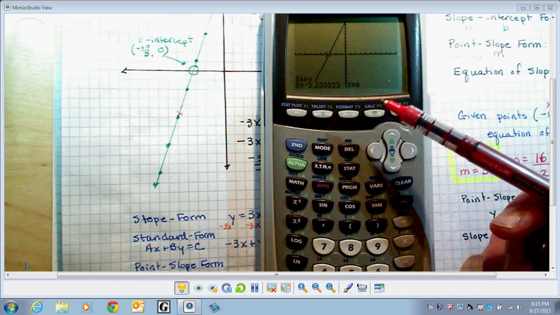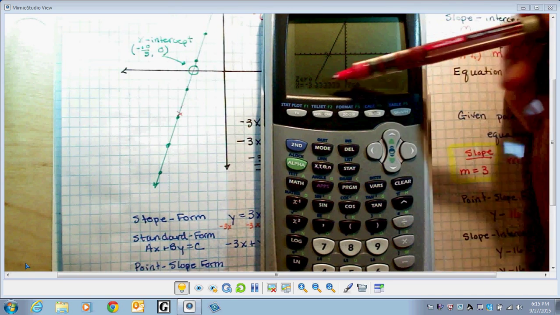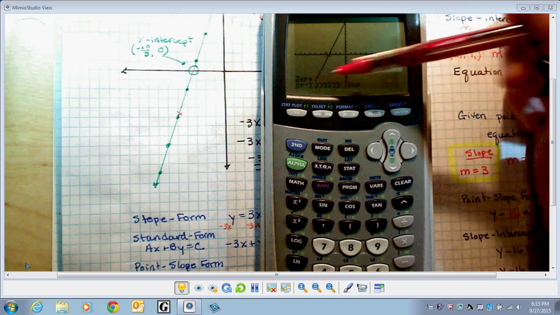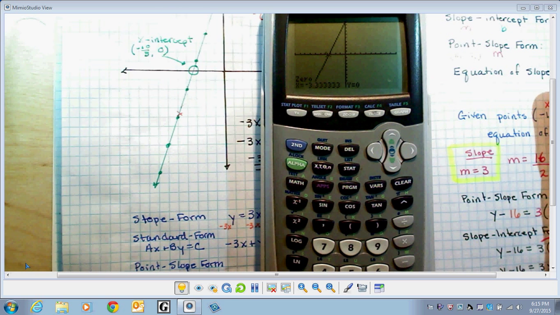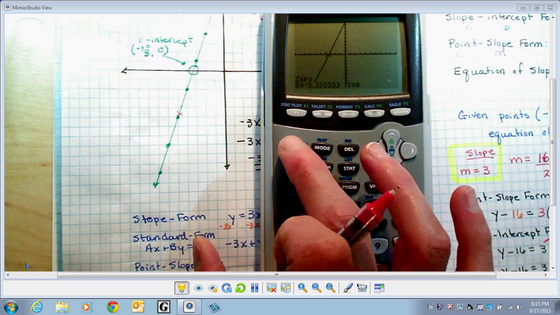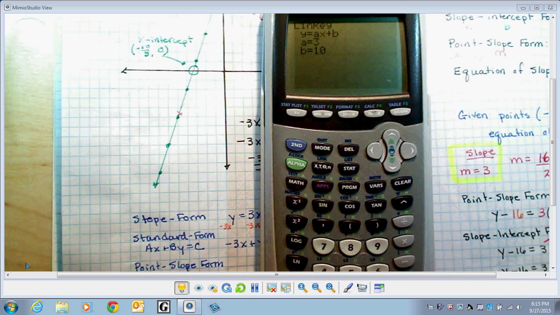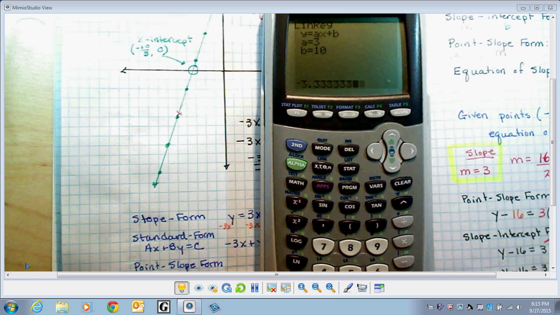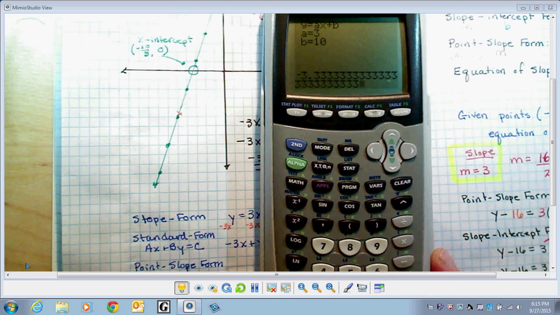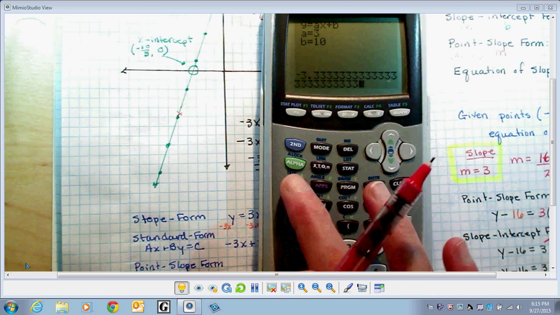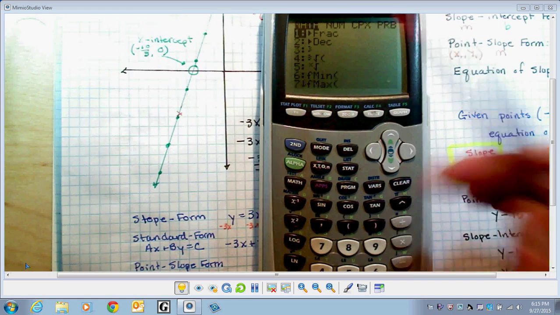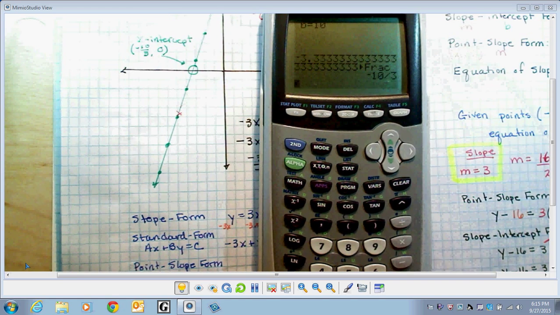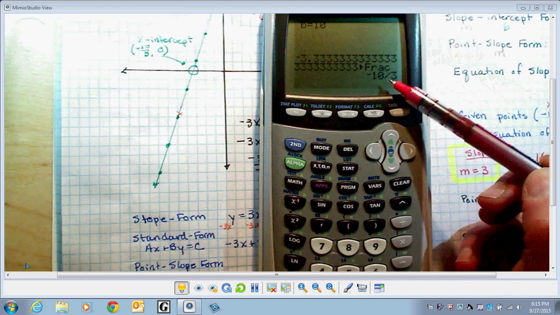Okay, but your teacher keeps telling you, I don't want decimals. And you're not quite sure how to make that into a fraction. So this is what we do. We go to our main screen, and I'm going to put in negative 3.33333. I'm just going to put in a lot of those in there. Just crazy. Go mad crazy with those. Okay? Then I'm going to do math, frac, I have to push enter after that, and notice how it gave me negative 10/3.